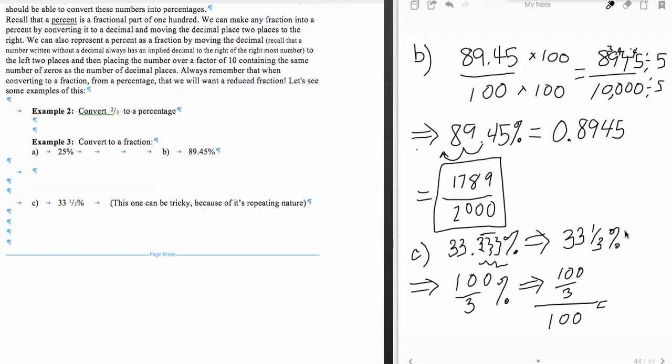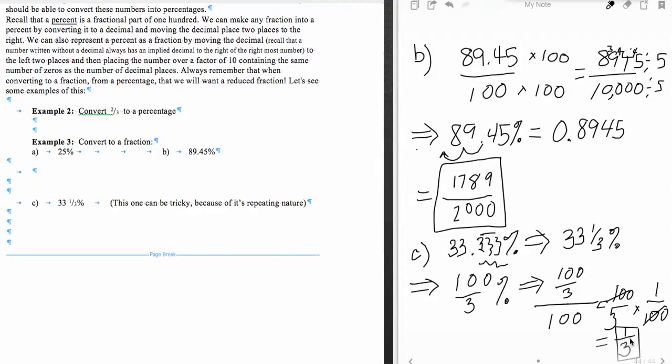So when I say that this means division, that says it's 100 thirds, and then multiplied by the reciprocal of 100, or divided by 100, which is the reciprocal of 100, which is 1 over 100. And therefore I'm going to get canceling with the hundreds, and I'm going to get a 1 in the numerator and a 3 in the denominator. And there's my fraction representation.